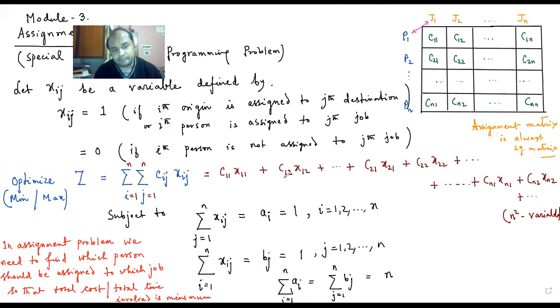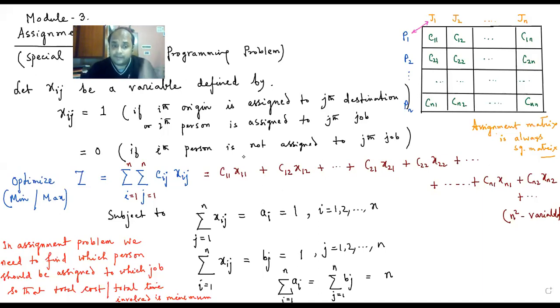Now at this point you may ask me that you have written the word optimize over here. Optimize is basically a word which stands for minimum or maximum, but I am only giving you an example of time and cost. There may be examples which have the matrix elements as profits. If it is a profit matrix, then automatically it becomes a maximization type of problem.